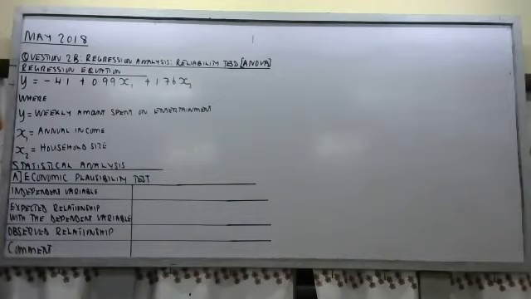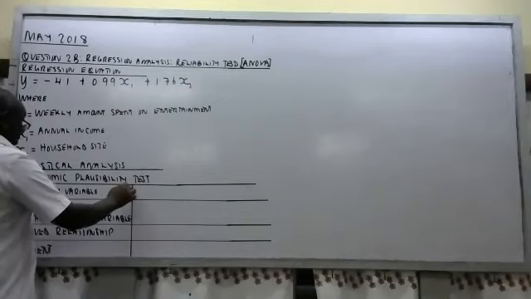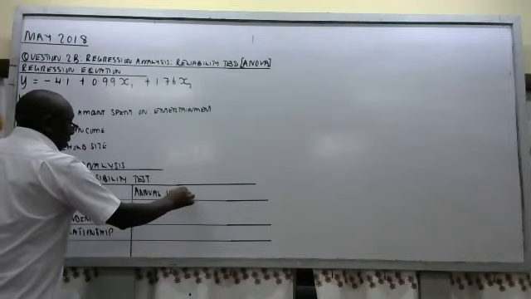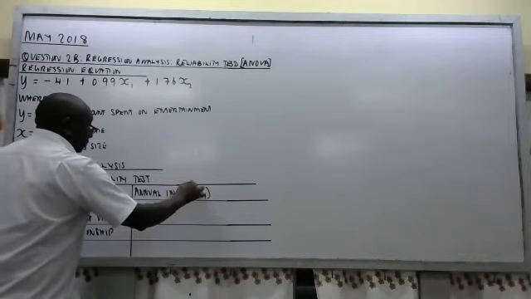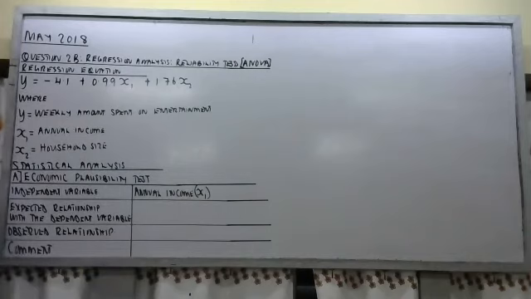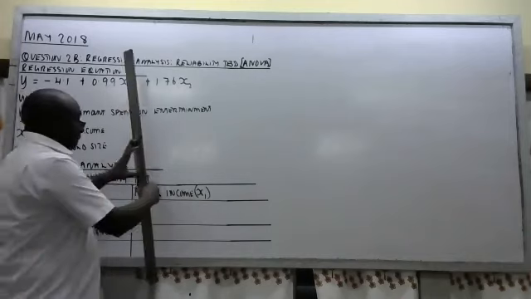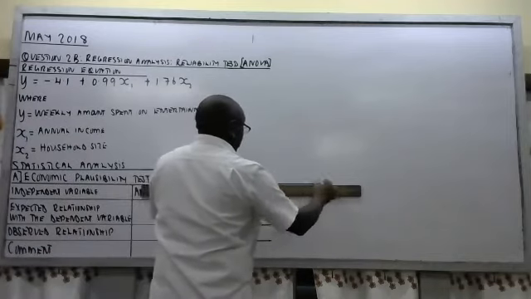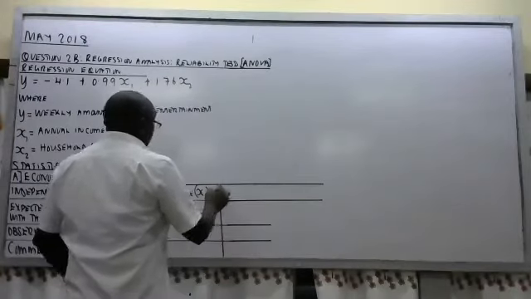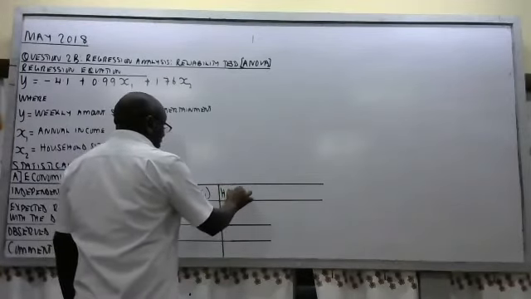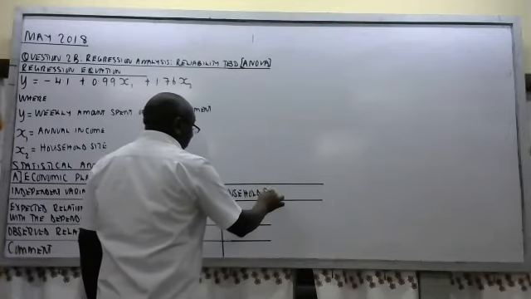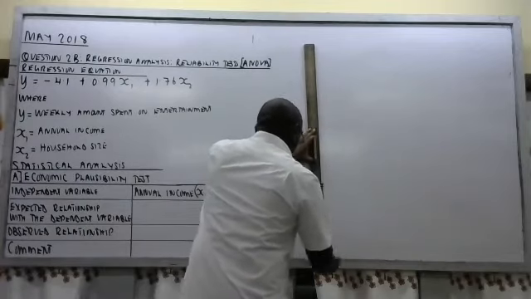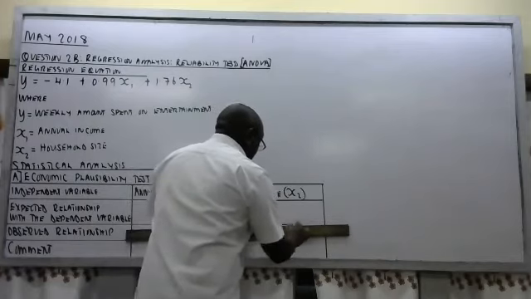The first one we are dealing with is annual income, represented by X1. Then I will have here household size, represented by X2.